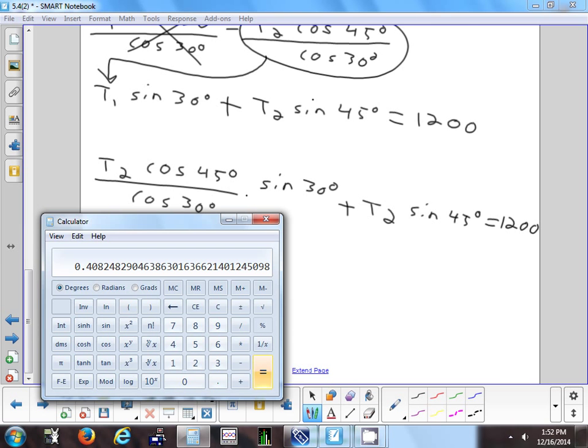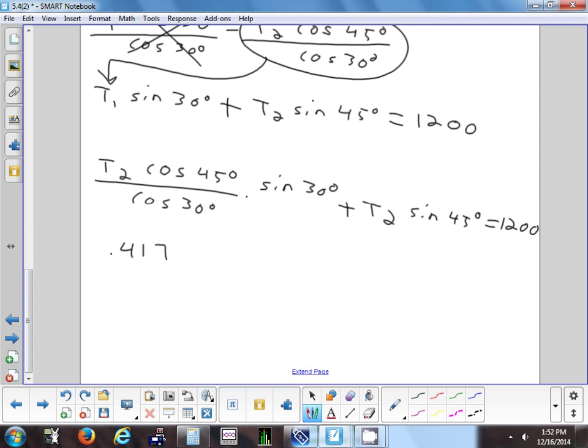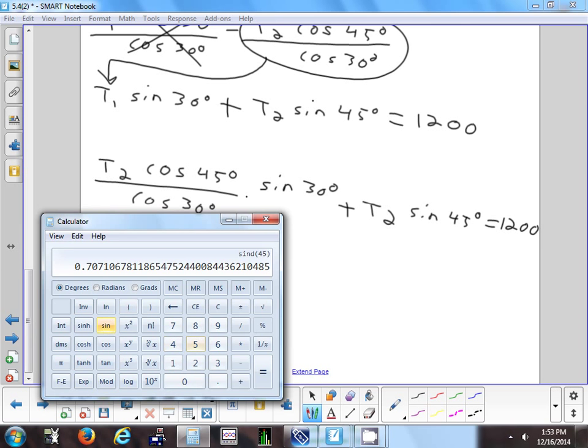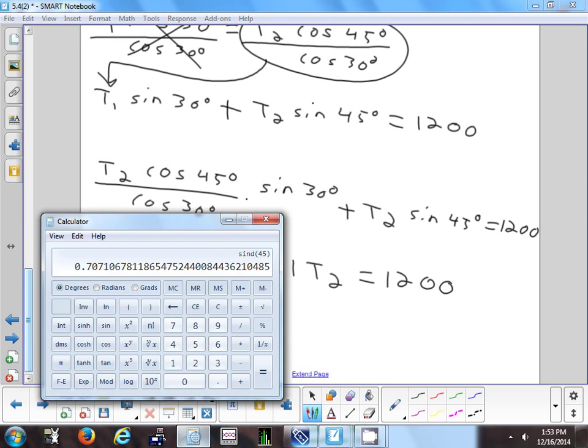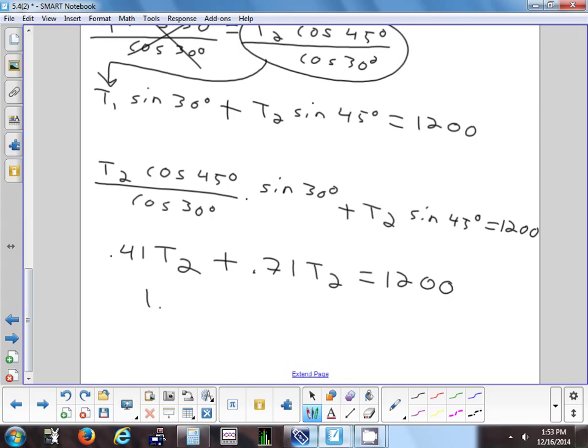We'll go 0.41 T2 plus, let's do the sine of 45. It's 0.71 equals 1,200. Are those like terms? 0.41 T2 plus 0.71 T2? Yep, just add them up. 0.41 plus 0.71, 1.12 T2.